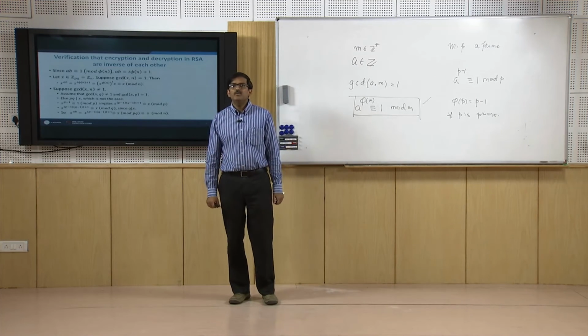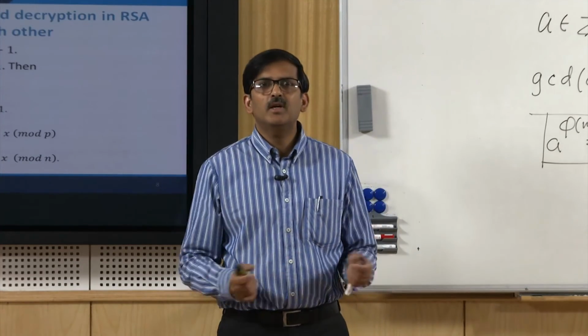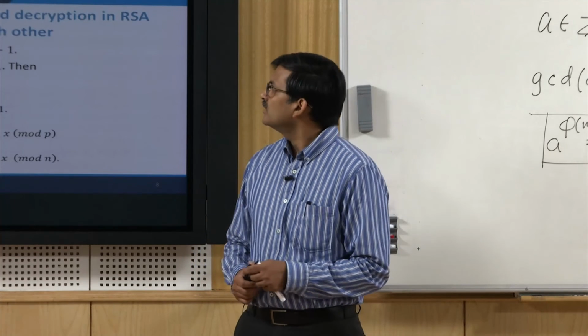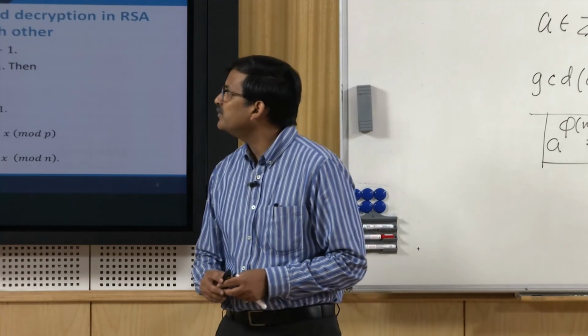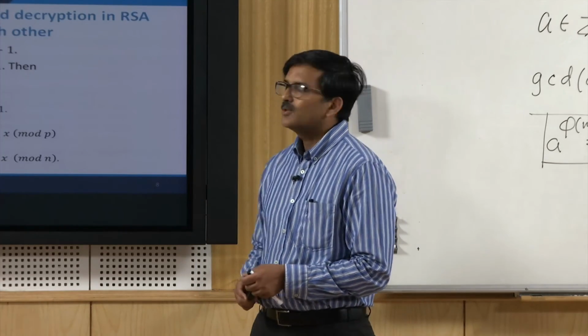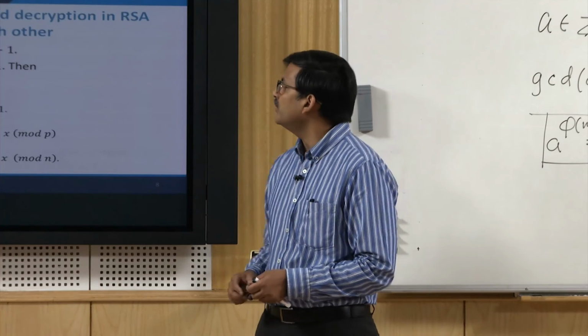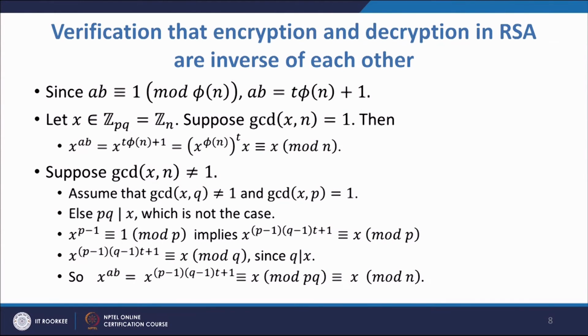Now, we are in a position to verify the invertibility of the encryption and decryption functions of RSA. So, we have come over here. In the first line, we see that a and b are inverses of each other modulo phi n. So, I can write a b equal to t times phi n plus 1, and then I choose x inside Z_n, or Z_pq, such that in the beginning x is co-prime to n.